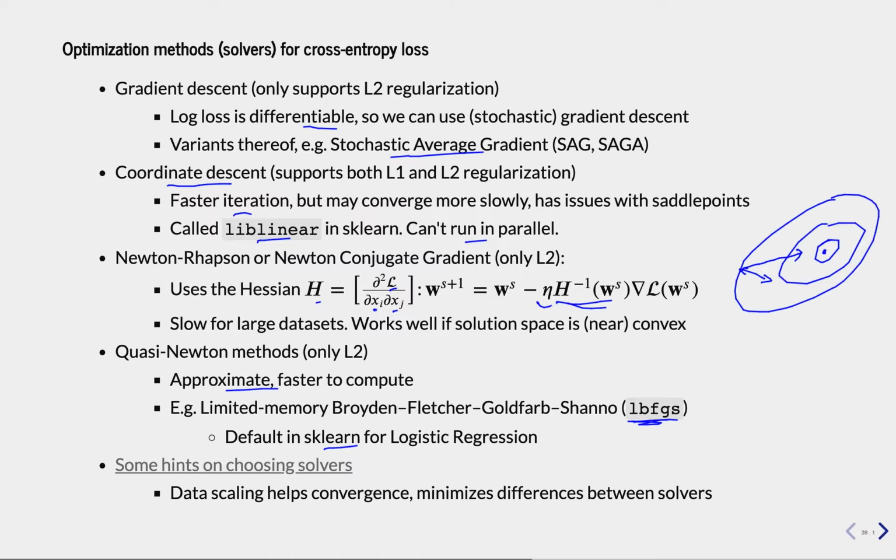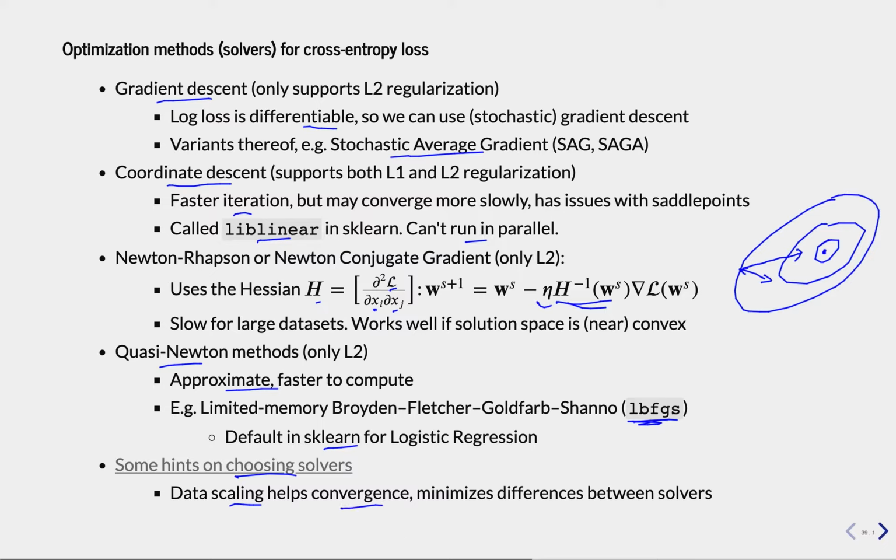Now, which of these should you choose? Well, on the high level, if your data set is small, you can use all of these. If your data set is larger, then gradient descent is probably a good idea. And you could also try some quasi-Newton methods like LBFGS. There's a nice blog post here on choosing different solvers. What this shows, and that's an interesting takeaway, is that scaling your data, one, helps convergence.